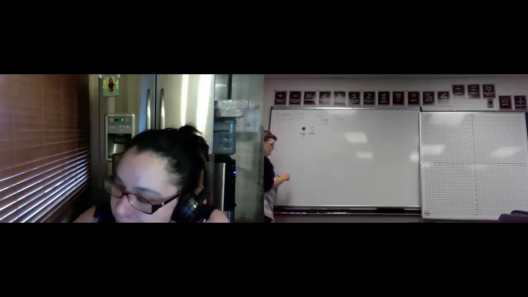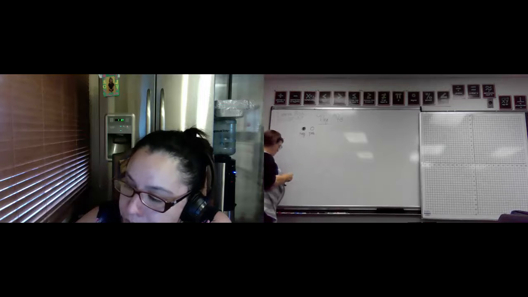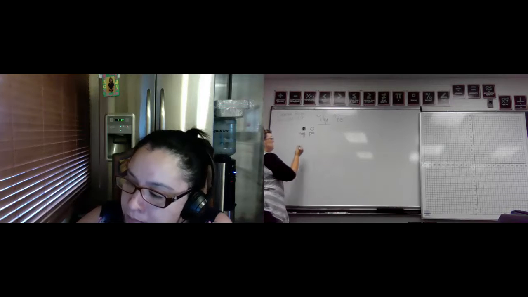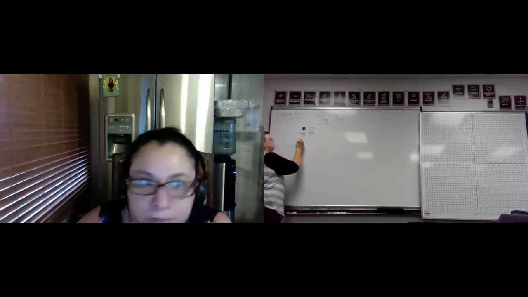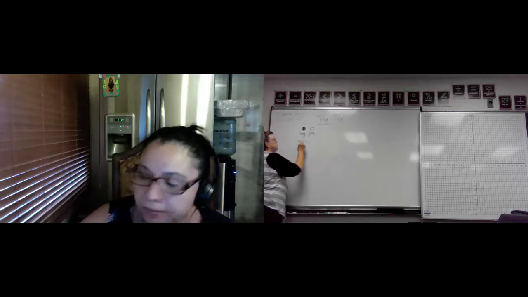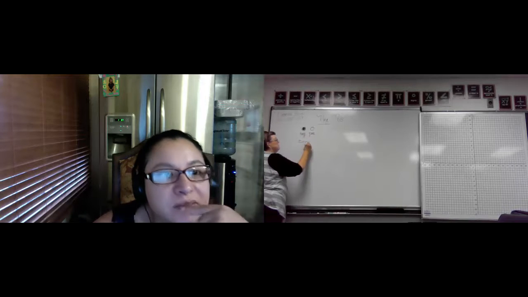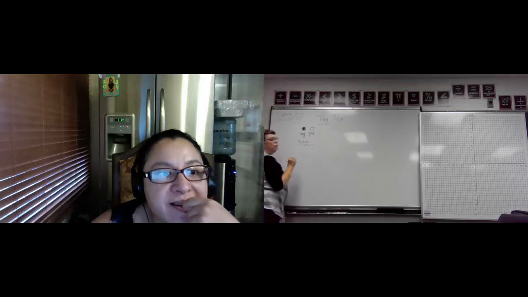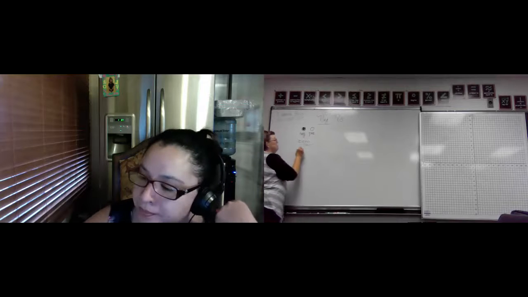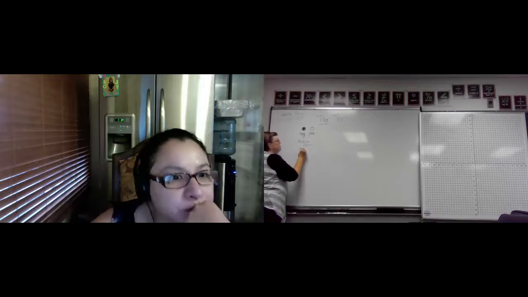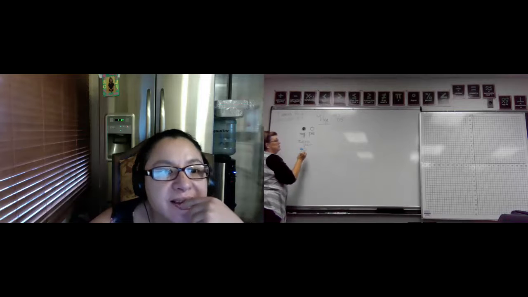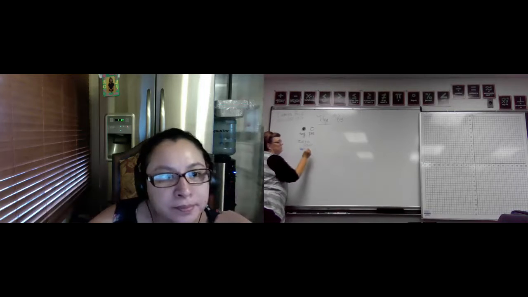Now, I tell them the only other thing that you have to know to do these problems is you need to understand what a zero pair is. A zero pair means if you have one negative that matches one positive, that equals 0.